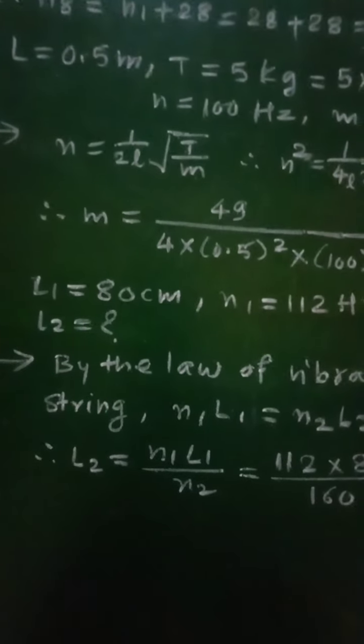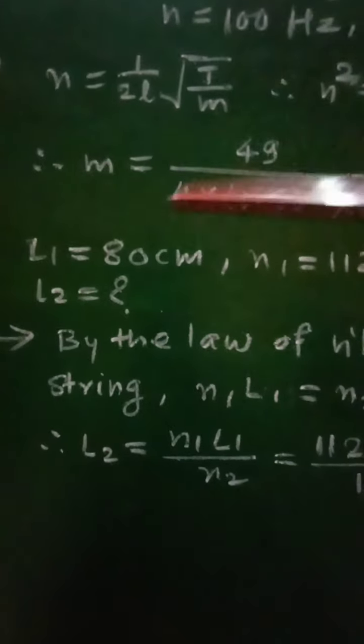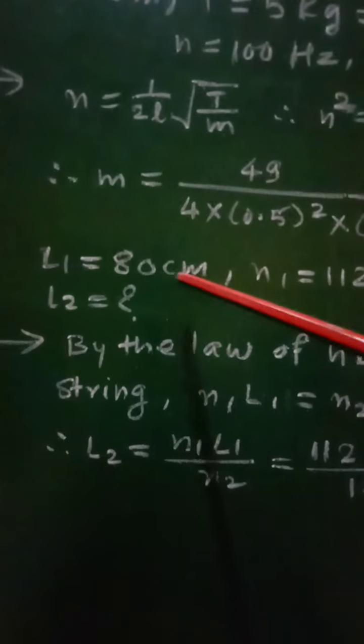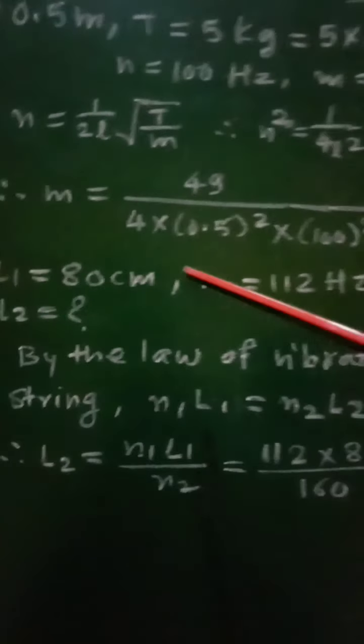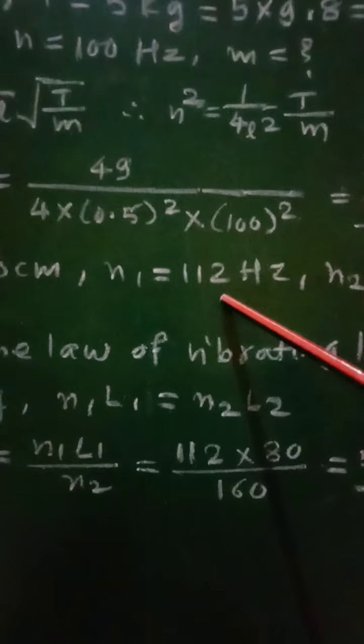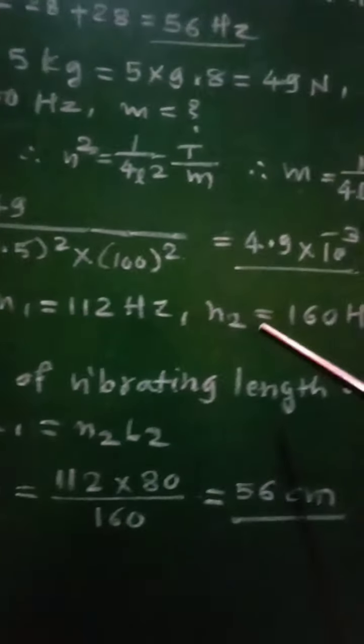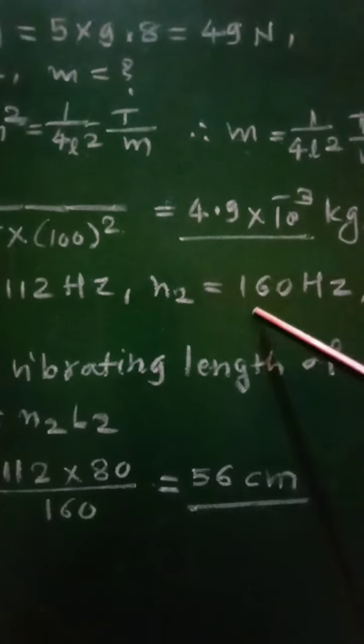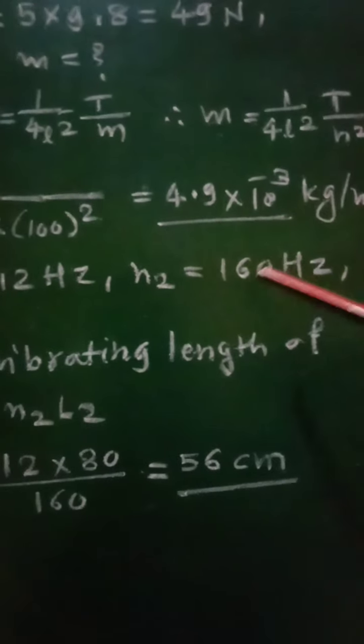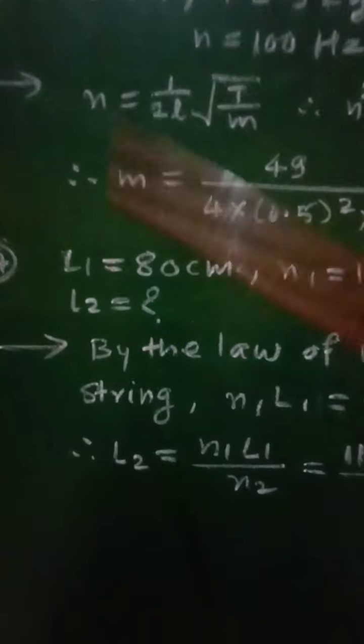And therefore for this, given data is length L1 will be equal to 80 centimeter, then corresponding frequency N1 equal to 112 Hz, then N2 is equal to 160 Hz, and the respective length L2 that we will have to find.